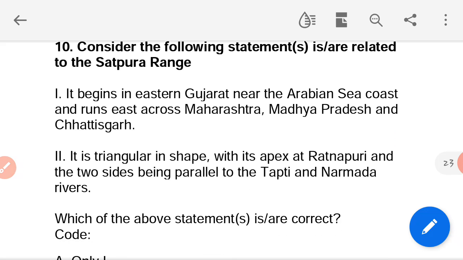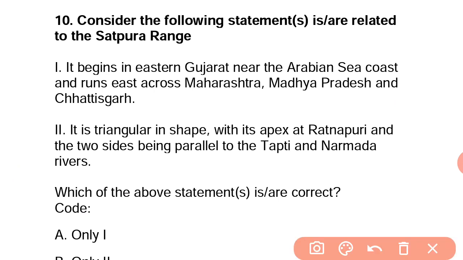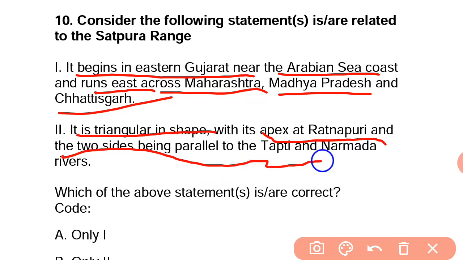Consider the following statements related to the Satpura range. I. It begins in eastern Gujarat near the Arabian Sea coast and runs west-east across Maharashtra, Madhya Pradesh, and Chhattisgarh. II. It is triangular in shape with its apex in Ratanpur and the two sides being parallel to the Tapti and Narmada rivers.